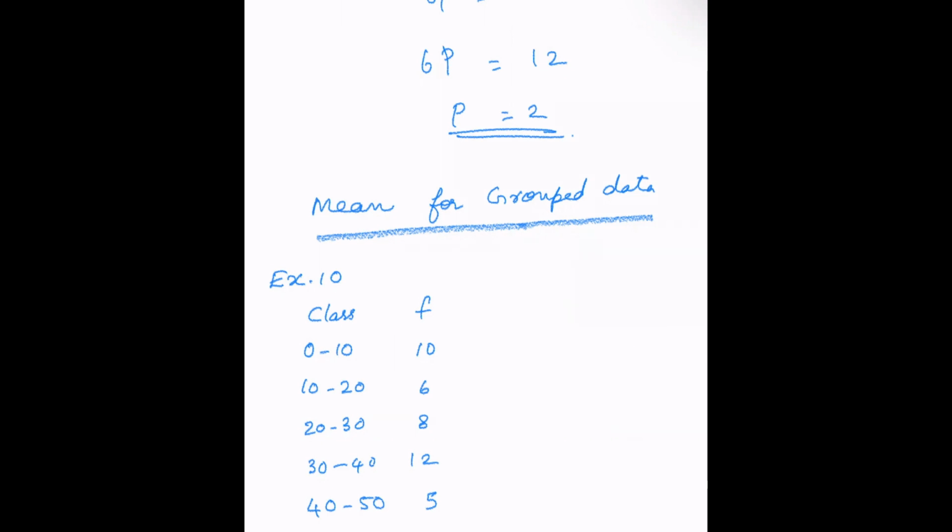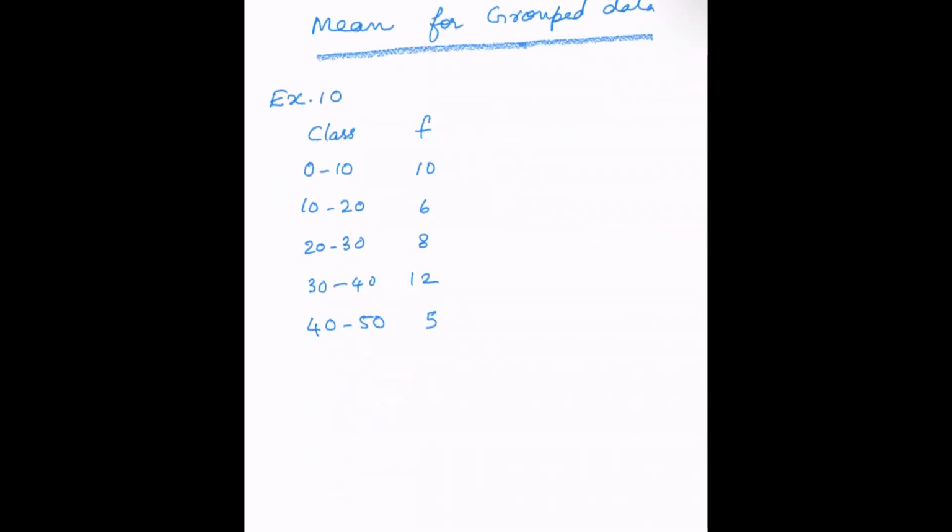See, if you want to find the mean using direct method, formula is sigma fx divided by sigma f. This is the formula using direct method. So what is this x? We don't know the x here. We know a class interval, but we don't know x.